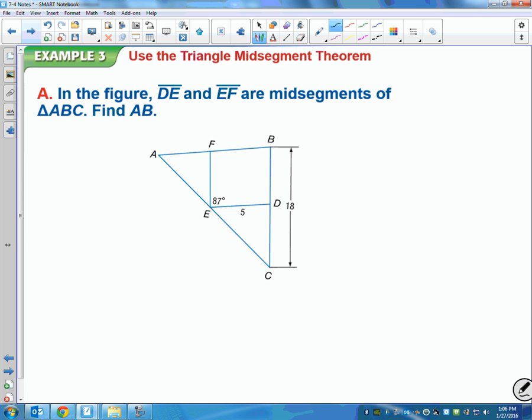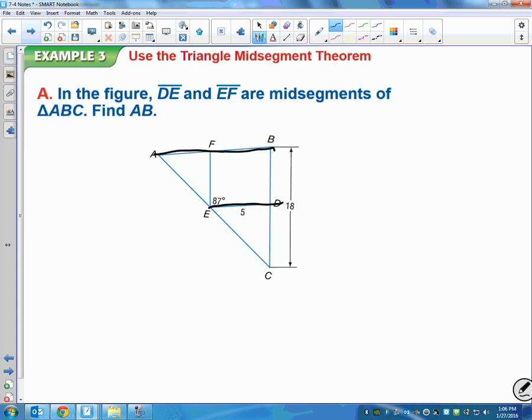In the figure, DE and EF are mid-segments of the triangle. Find AB. If we know ED is a mid-segment, do you know what AB is?